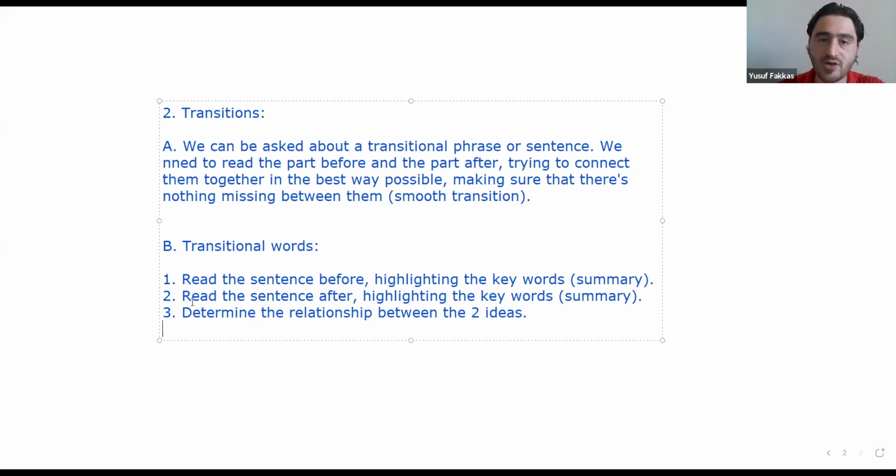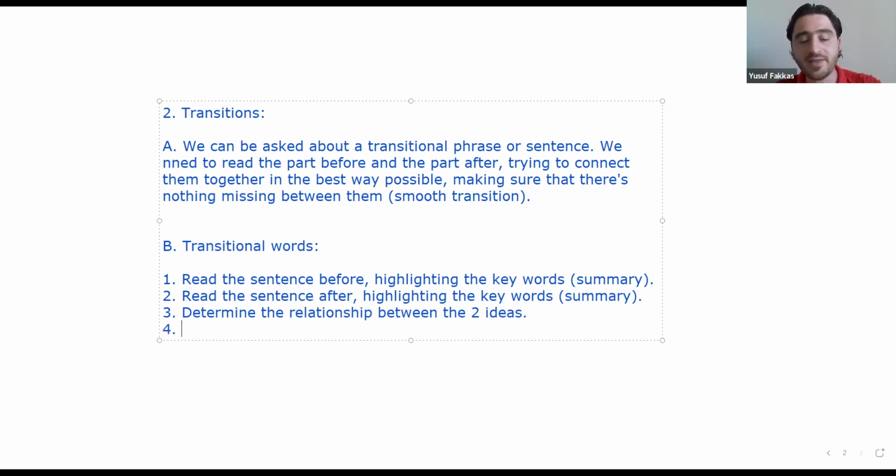Do we have contrast? What kind of relationship do we have? Do we have an idea and then it's followed by an example? So we can start with words like for example or for instance. Am I mentioning an idea in the first sentence and I'm trying to explain it or clarify it in the second sentence? So you need to determine the relationship. That's the most important part.